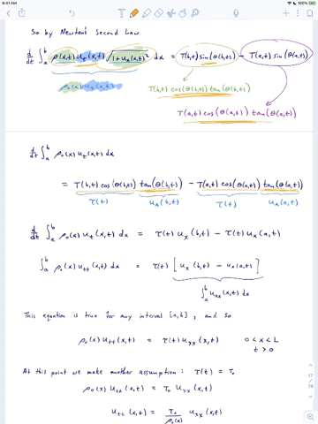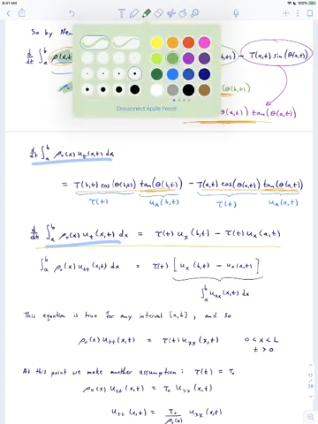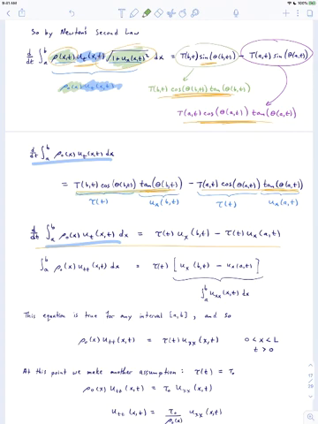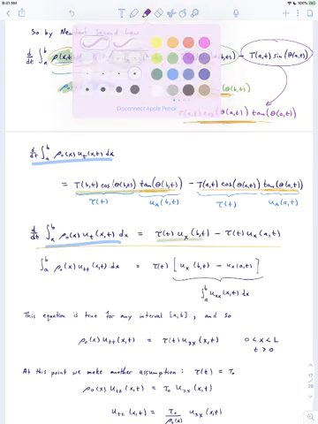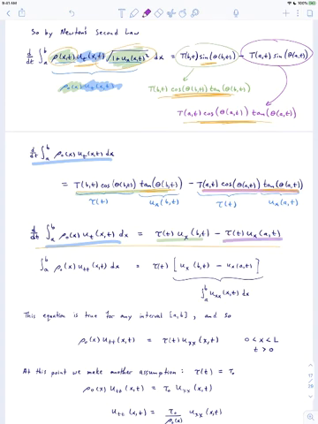So that's what we have here. We just have the derivative with respect to t of the integral. So let me just highlight. So that thing is equal to that thing, and this thing is equal to this thing, and let's say that one is equal to that one.